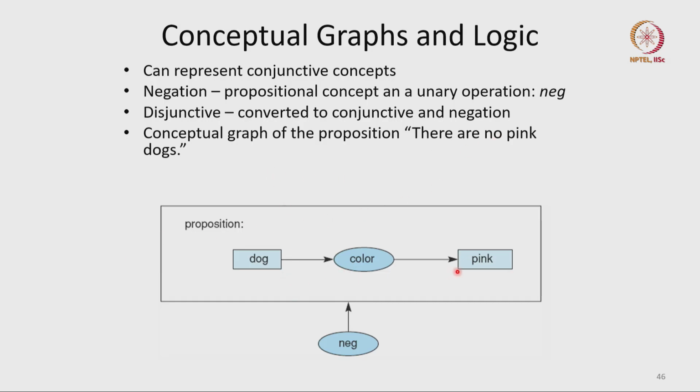Dog color pink, okay, you can put that in a box, and you can say that you are negating that, right. So, this is a conceptual graph, and you are representing there are no pink dogs over here basically. Okay. So, these were some representation schemes that we studied. So, we will stop at this point and continue in the next session.